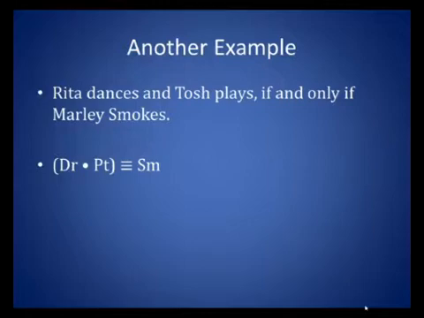So again, hopefully at this juncture in the semester you recognize that if and only if signifies a biconditional, and the word and signifies a conjunction. So as in previous examples, you should recognize that we're using the predicate symbols D and P for the predicates dance and play, and we're using the individual constants R and T for the subjects Rita and Tosh.